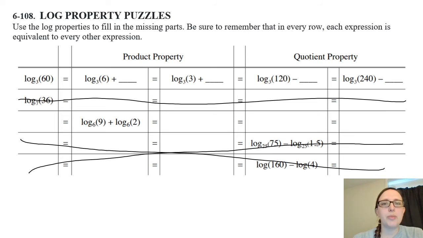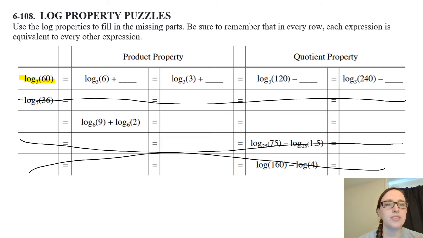So in this log properties puzzle, we are trying to match it up to the very first expression. So we're trying to match it up to be log base 3 of 60 if we combined the two logs that we are making. So what we are going to do is use the product property to find this missing piece.